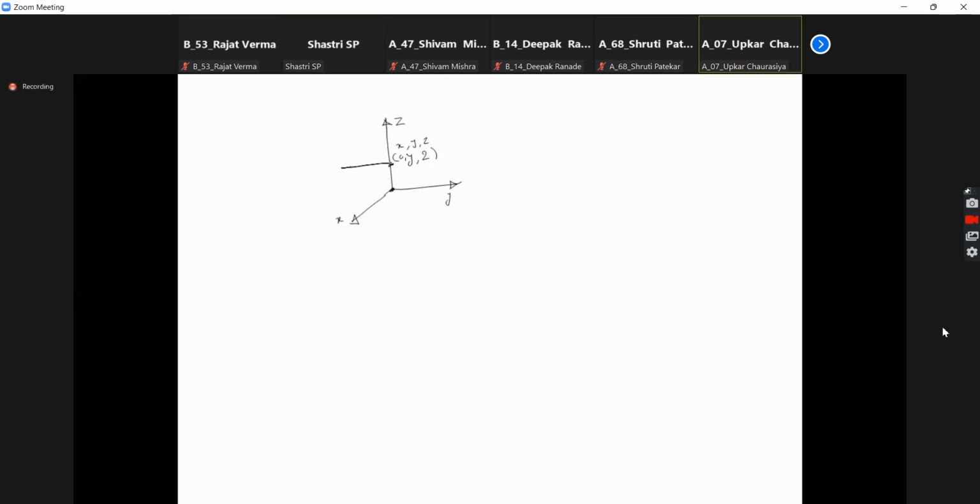Sir, the charge is on the z-axis, right? One minute. What I am asking is, is the charge on the z-axis or parallel to the y-axis? Just forget about this coordinate system.